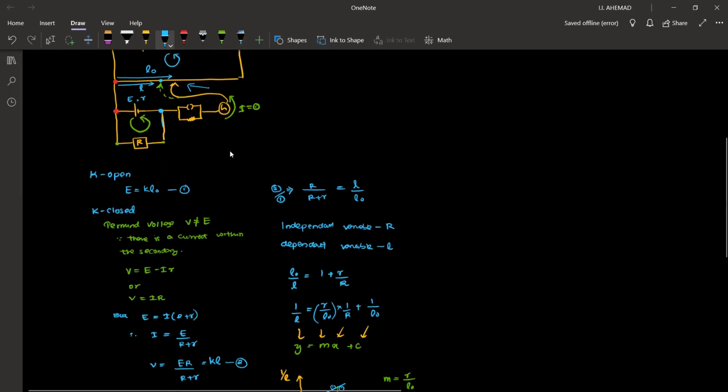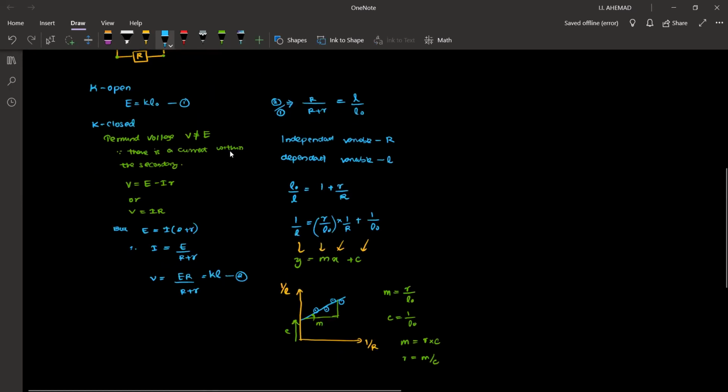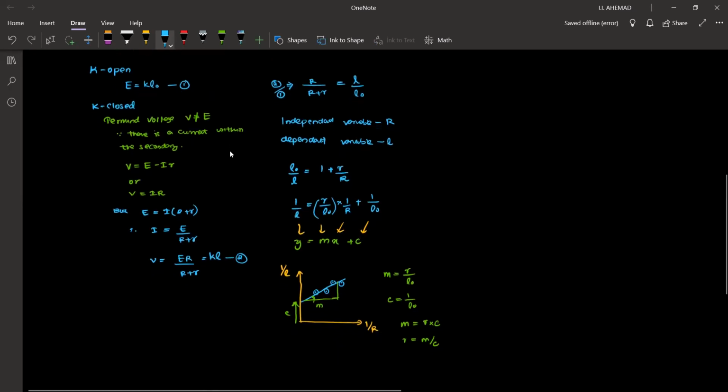So have you noted these equations? Have you noted the equations or need time? Okay, quickly note down.